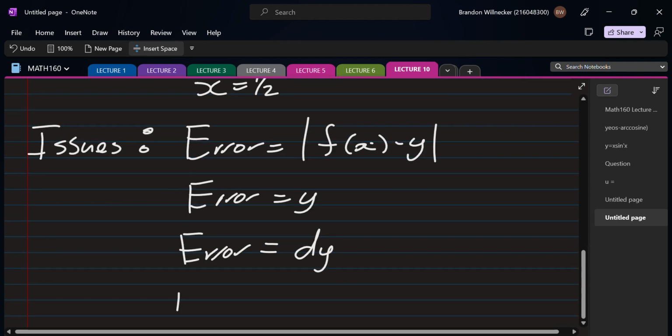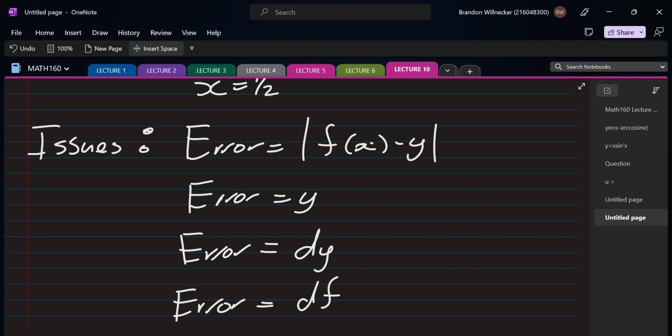That's wrong. And then others were writing the error is equal to df. Again, that's wrong. The error is always the difference between the actual value and the approximate value, and then we put absolute values just to make sure it's positive. So that's right, that's wrong, that's wrong, that's wrong. A very easy 1 mark question there. Just put it in your calculator, you get your answer.